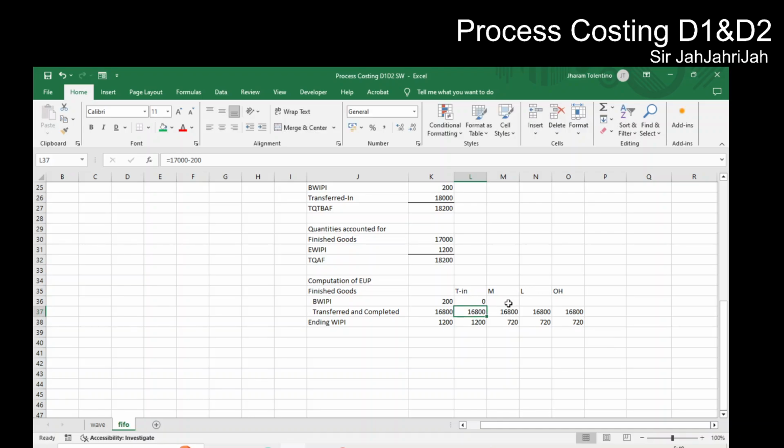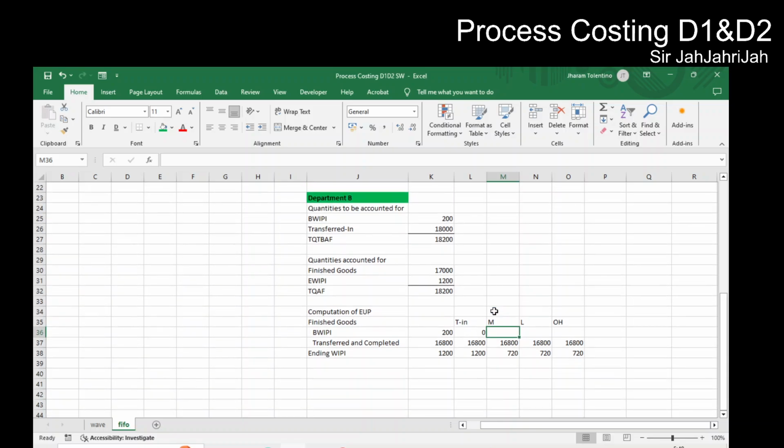We only need to account how much resources did the beginning work in process inventory incur during the production. So additional information will be this one. Let's say this one is 40% complete, so that we can compute as 200 times 0.6.